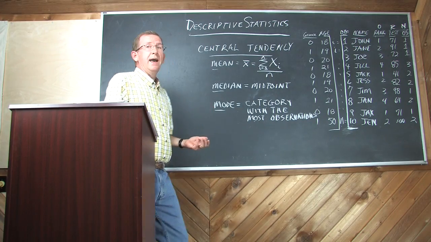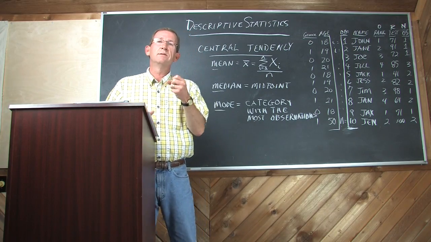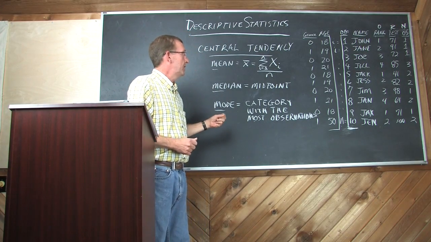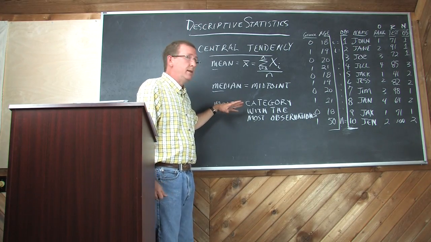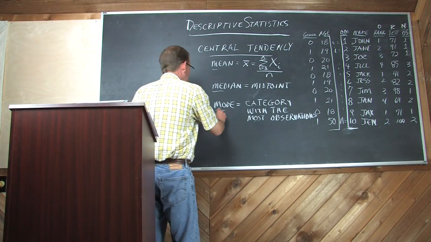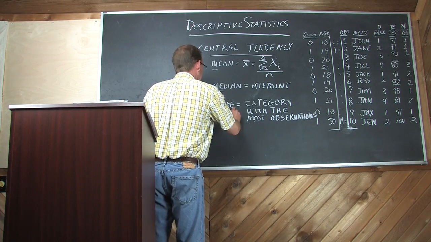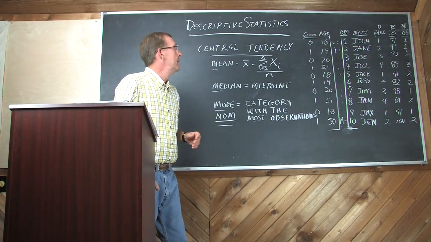The mode is simply the category on a variable that contains the most observations. It's the most frequently observed of the possible outcomes on a variable, and it's especially appropriate for nominal level data. Especially. Not uniformly, but especially.